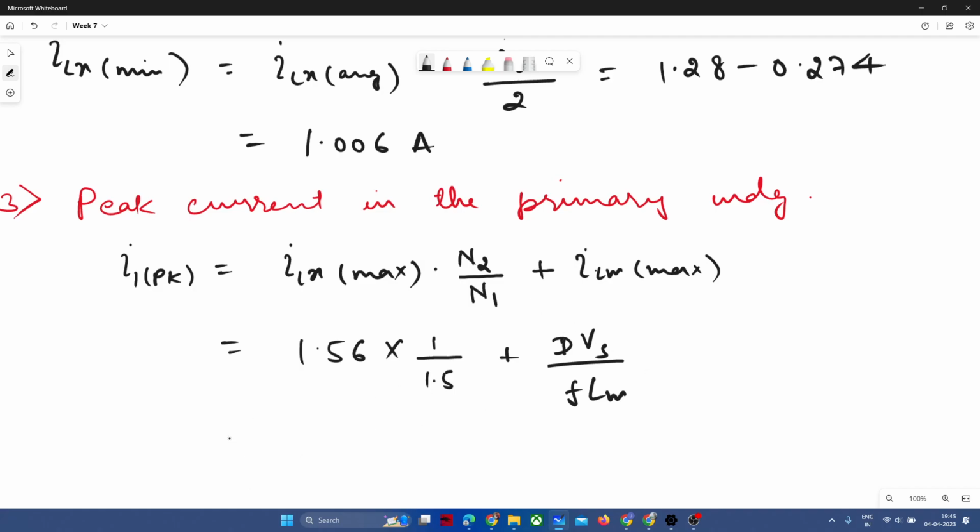Now, plugging in all those values, this portion will be 1.56 divided by 1.5, it is 1.04, plus D is 0.4, Vs is 48, F is 35 kilohertz.